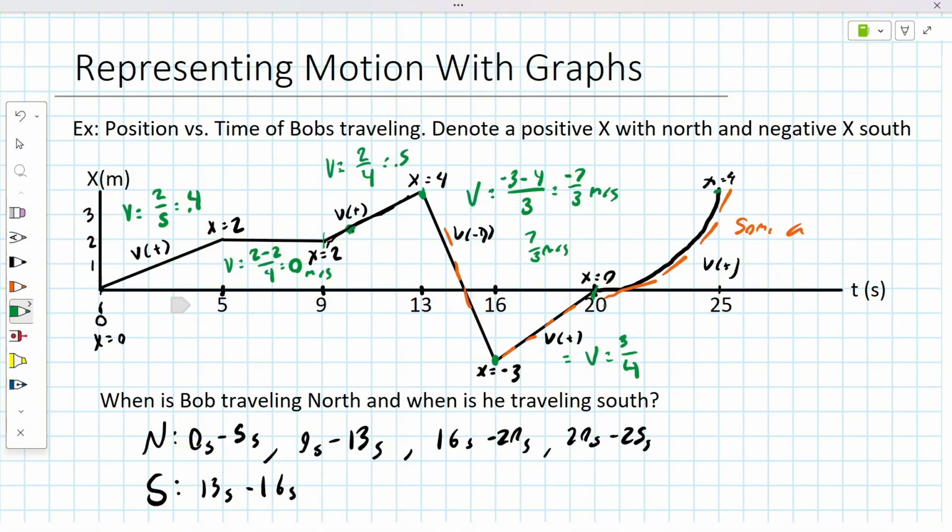So for right now, we will just say up to the 20-second mark, what is the greatest and what is the least. If we look at all these velocities we found, this one is the greatest, since it is 7 over 3, which is larger than the other ones. And since we're just looking at speed, this one will be the least.